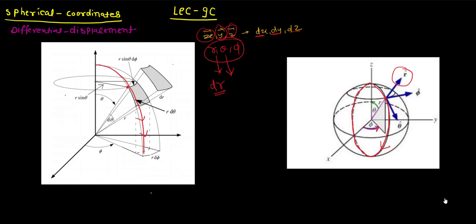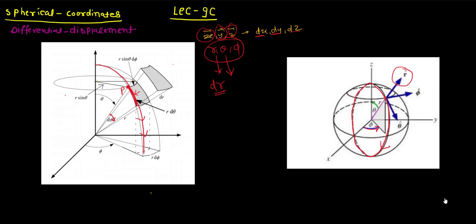Now from this point, let's say this is point P, you are moving in the direction of theta. Let's say I move an angle d theta from this point. If you move d theta, we want to find how much length we have covered. So we want to find this element length.